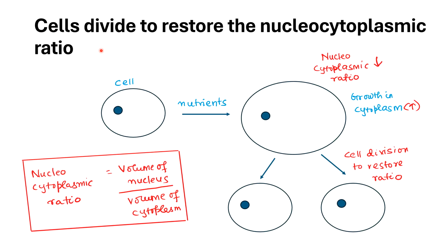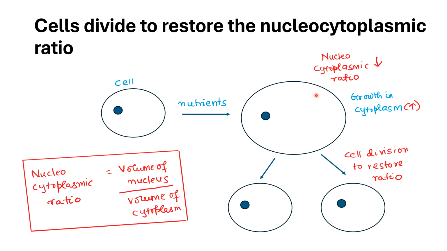It has been seen that cells divide only when there is a disturbance in their nucleocytoplasmic ratio. What does that mean? Nucleocytoplasmic ratio means volume of nucleus divided by volume of the cytoplasm. Let's say this is a cell. This is its nucleus and this is its cytoplasmic content. Now, as a cell takes up nutrients from the surrounding environment, it increases in size.